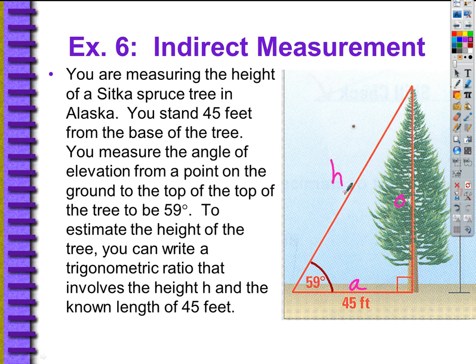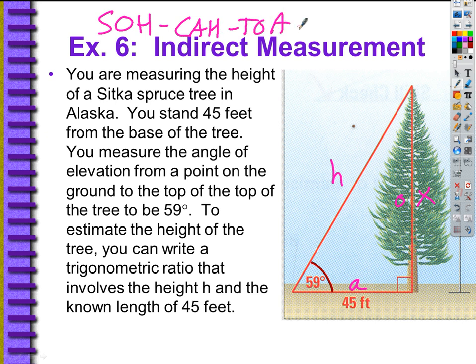So what's the SOH-CAH-TOA trig ratio that's going to relate those two things? The thing that we're looking for, which we'll call x, and the thing that we know, which is 45. Which one of those works? Just do this at the top of your paper when you're taking a test, right? SOH-CAH-TOA.